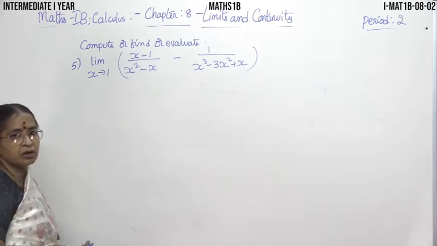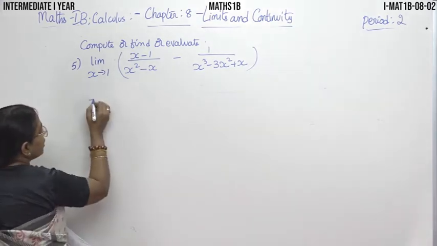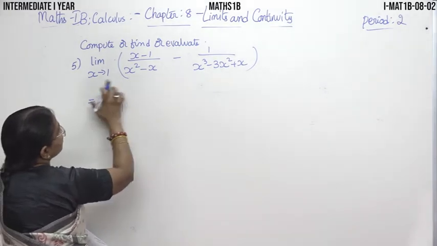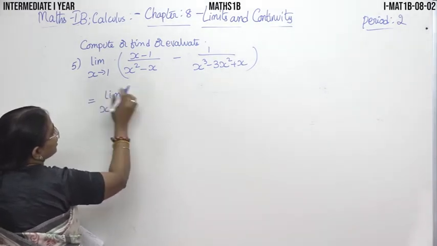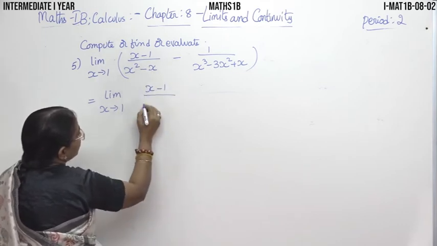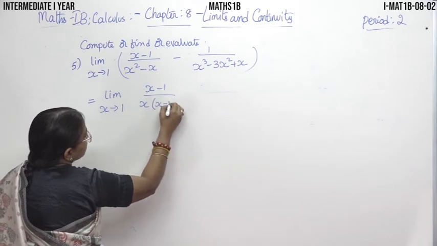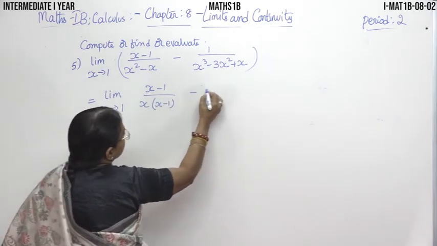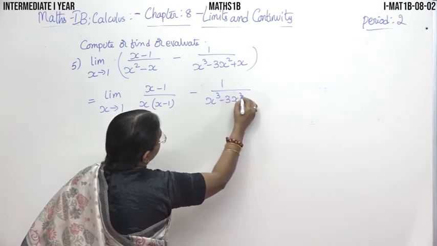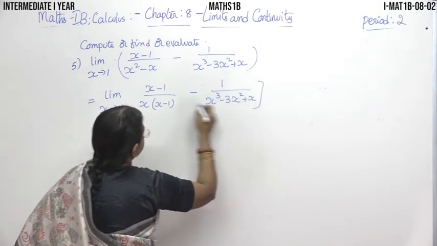So it is in the 0 by 0 form. So what you have to do is, when you get 0 by 0, it means that x minus 1 is a factor. When you observe here, you can take x common, x into x minus 1, and you can cancel x minus 1. Now the indeterminate form will be eliminated.